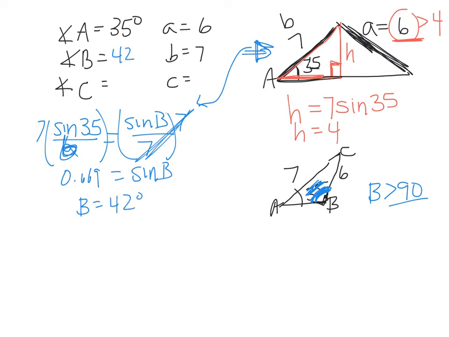Now, because the angles have to add up to 180, we know that angle C is going to be 180 minus 35 minus 42, or 103 degrees.